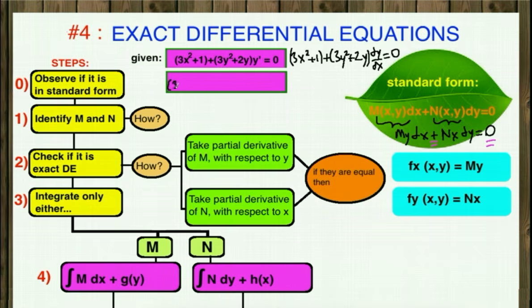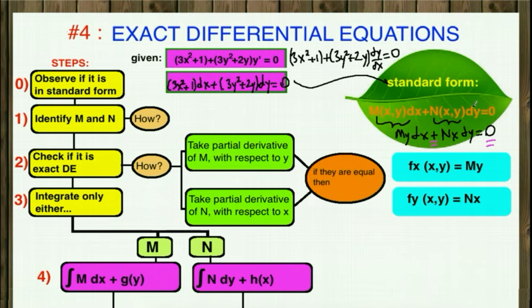So what we get is (3x² + 1) dx + (3y² + 2y), dx cancels dx here, and we leave dy here, equals 0. Now this is in standard form. We have some function dx plus some function dy equals 0.